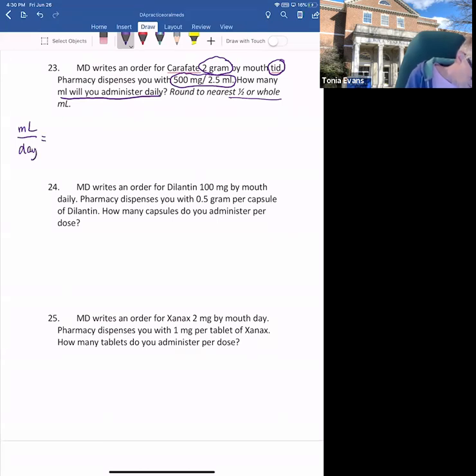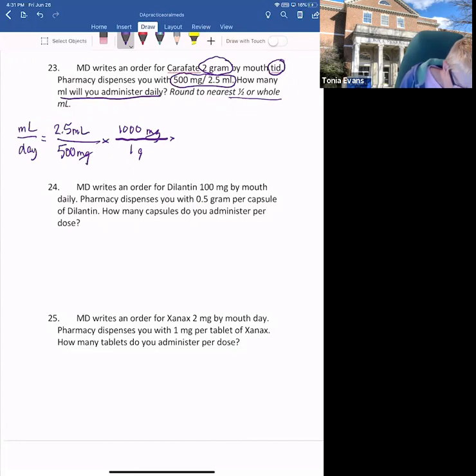Start out with milliliters. What do I know? I know I have 2.5 mLs, it's 500 milligrams. And milligrams, I need to get rid of that. Well, my order is for grams. So I know that 1,000 milligrams, because I want milligrams up here, right, is 1 gram.